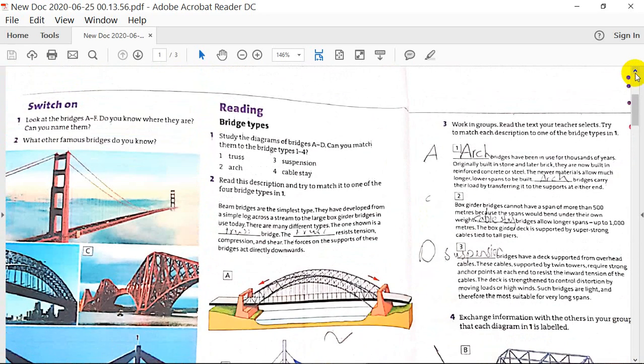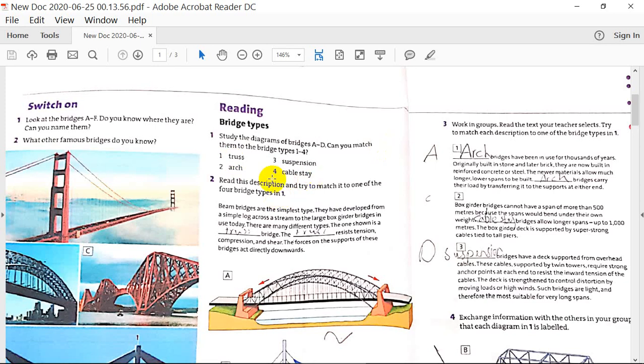Let's come here to the bridge types. Reading. Study the diagram of bridges A to D. Can you match them to the bridge types 1 to 4? We have here what? First one, truss, the second one, arc, the third one is suspension, number 4, cable stay.